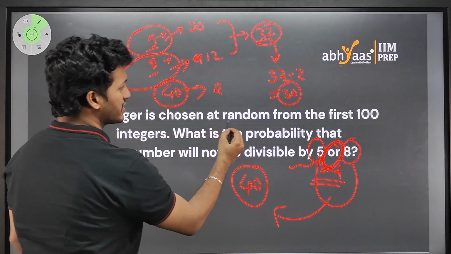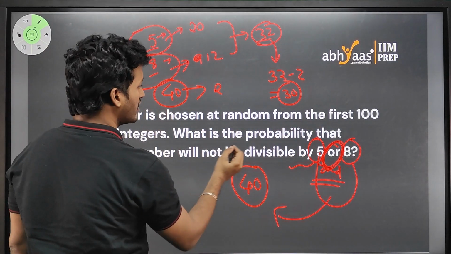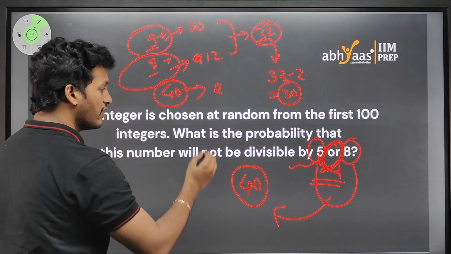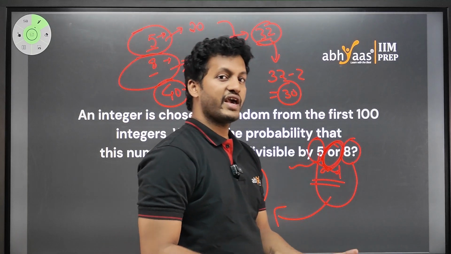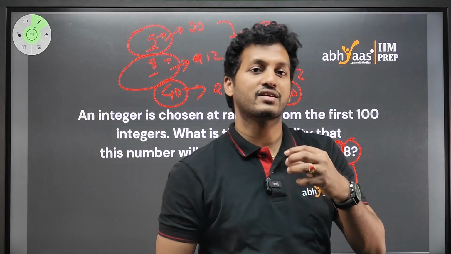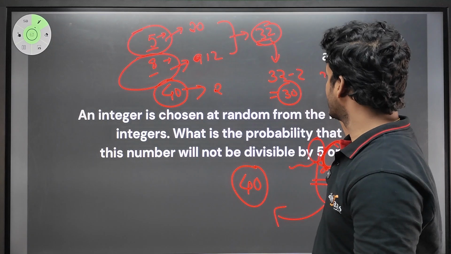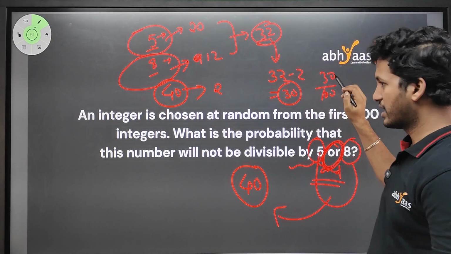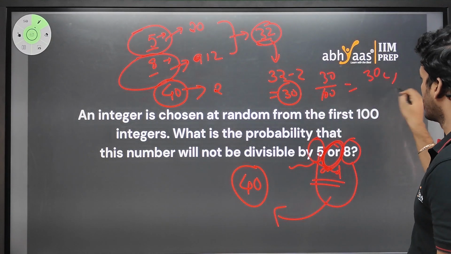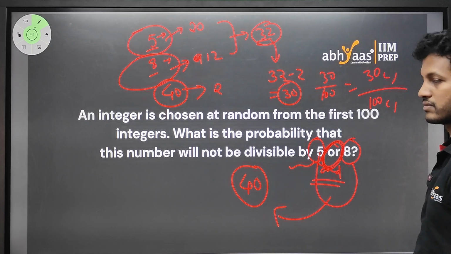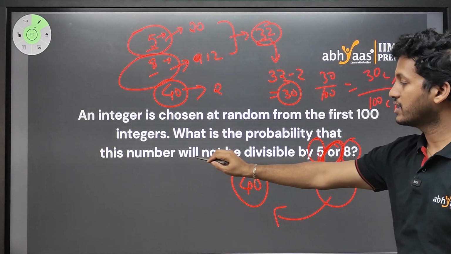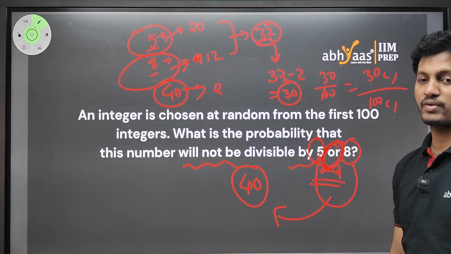The integer is chosen at random from the first 100 integers; what is the probability that this number will not be divisible by 5 or 8? If they asked the probability of selecting a number divisible by 5 or 8, I could say it is 30 by 100, which is 30C1 by 100C1. But they said the number should not be divisible by them.